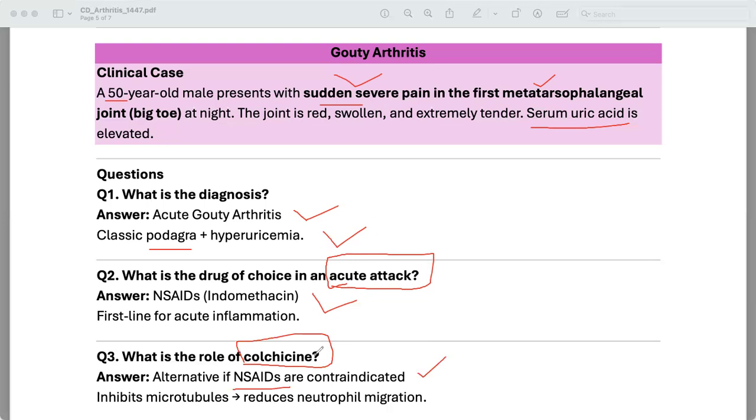How does it act? Colchicine inhibits the microtubules and reduces neutrophil migration. This reduction in neutrophil migration will reduce the pain and inflammation. So colchicine will reduce the pain and inflammation, but remember it will not reduce the serum uric acid.